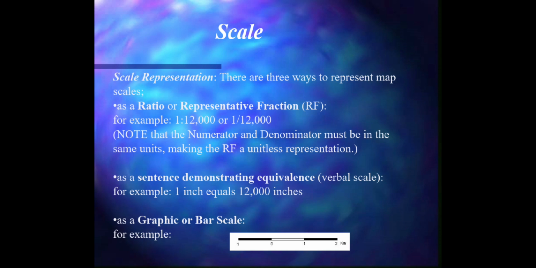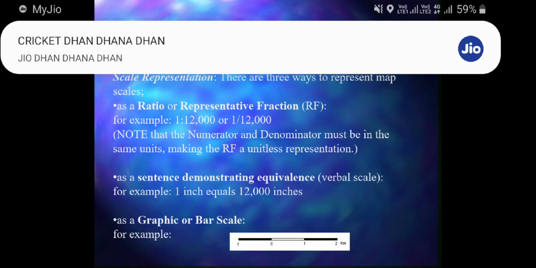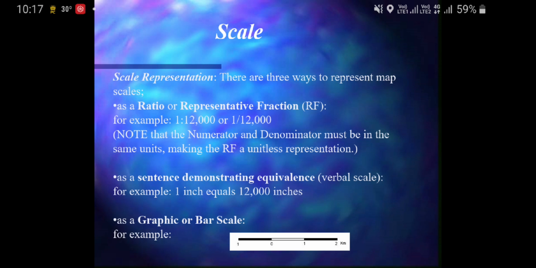The degree of the two angles is different, and because of these two different angles we can take the representative fraction. The representative fraction is also called a ratio, for example 1 by 12,000. It is a unitless number because both are in the same units.